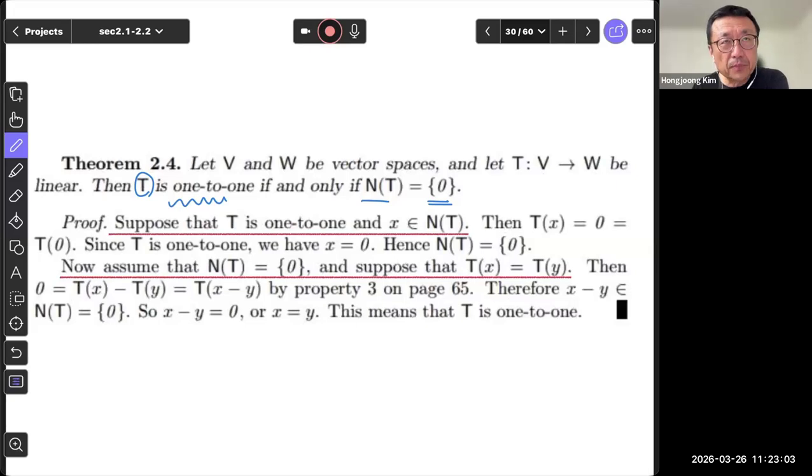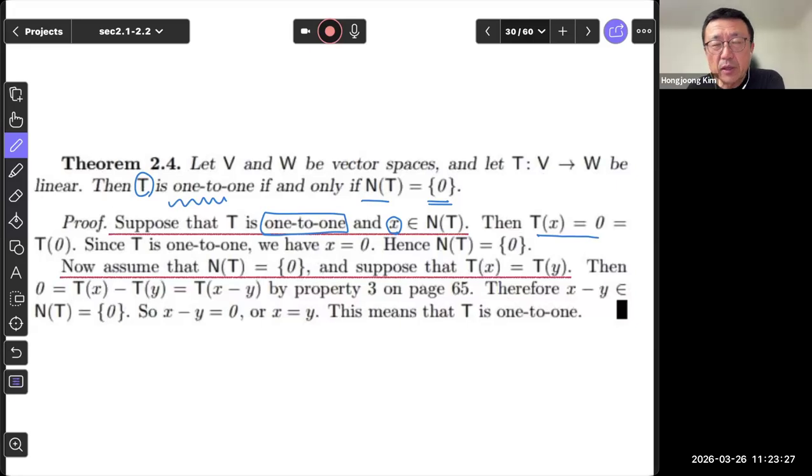To prove this, let me first assume that T is a one-to-one mapping, and let me choose an arbitrary vector x from the null space. Since x is chosen from the null space, by definition of the null space, the image of x will be 0.